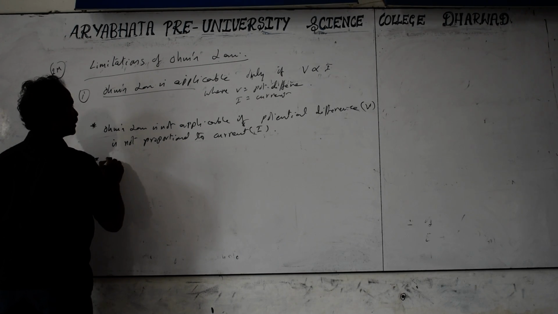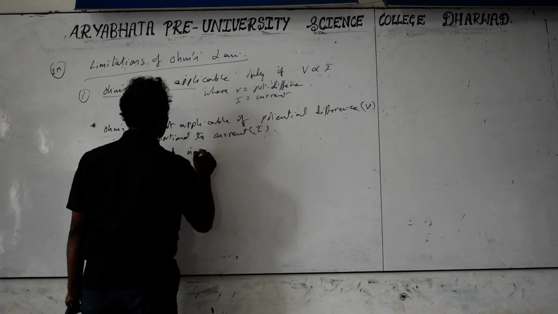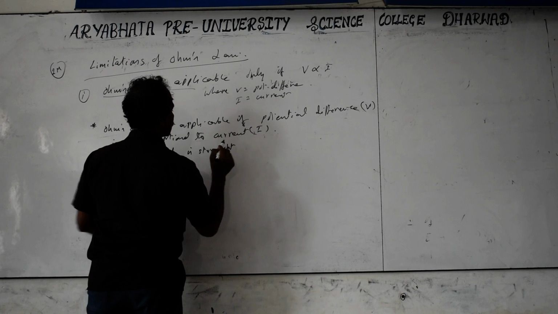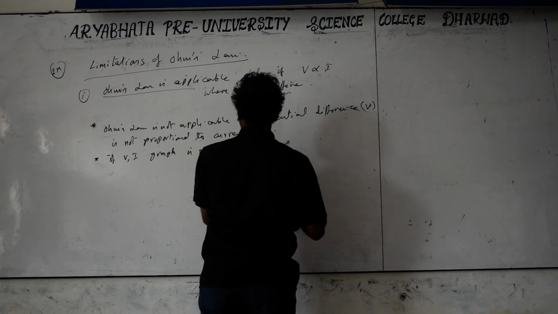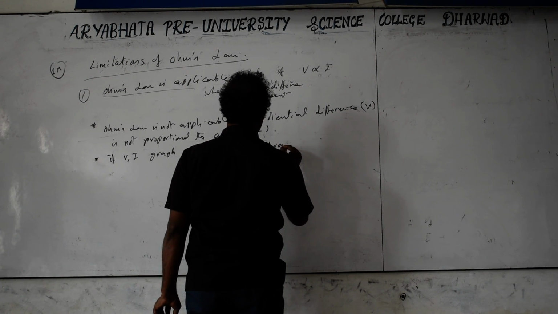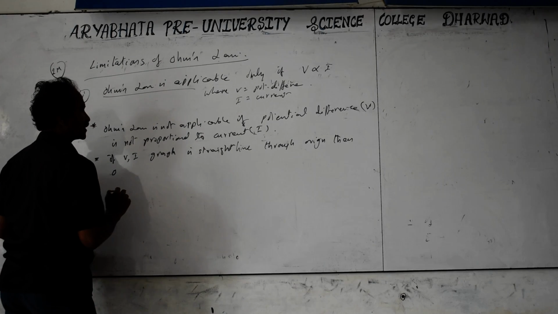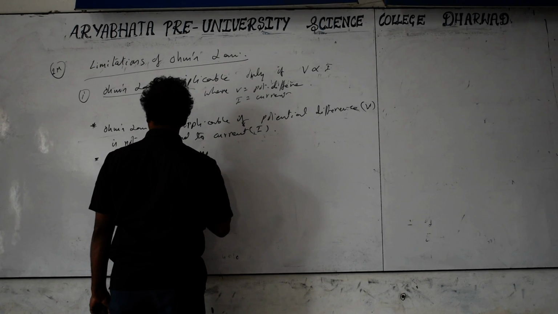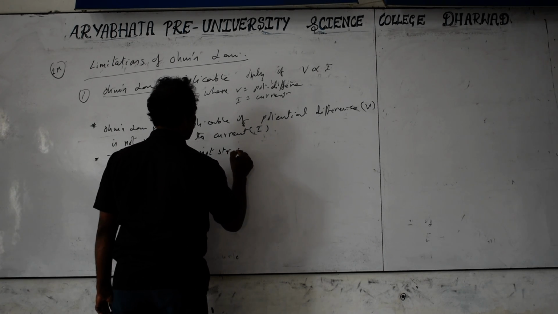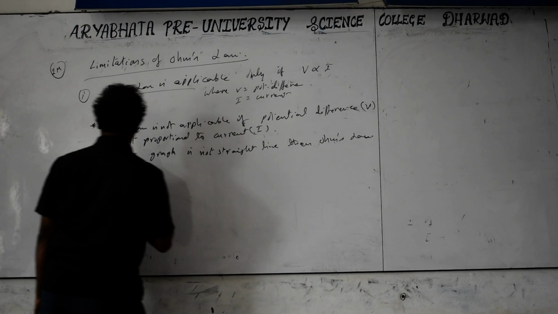Under the same point I am writing: if the VA graph is not a straight line, then Ohm's law is not applicable.